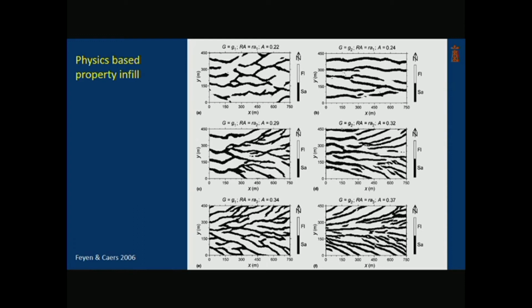So people are looking at simulating, at least in a conceptual sense, river channels and variations in porosity and permeability associated with graded bedding, all these sorts of things that are based on our geological understanding of what the system looks like. It would be great if we could do that at the regional scale, at the mine scale, but I think it's fair to say that we don't actually understand it well enough to do that.